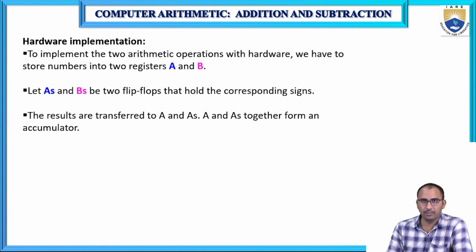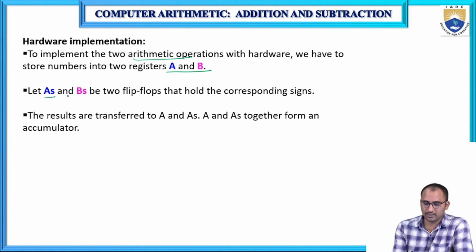So coming to the hardware implementation, to implement the two arithmetic operations, addition and subtraction, with the hardware, we have to consider two registers, register A and register B, and flip-flops AS and BS. AS is the sign of the A register.